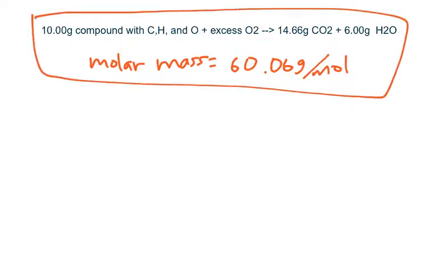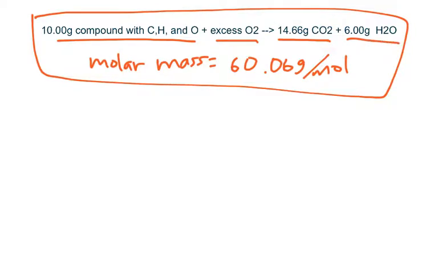So it says 10 grams of a compound with carbon, hydrogen, and oxygen reacts with excess oxygen gas, which means that there will be enough oxygen gas to make sure that all of this is reacted to near completion, and all of this 10 grams of compound will be converted into 14.66 grams of carbon dioxide and 6 grams of water.